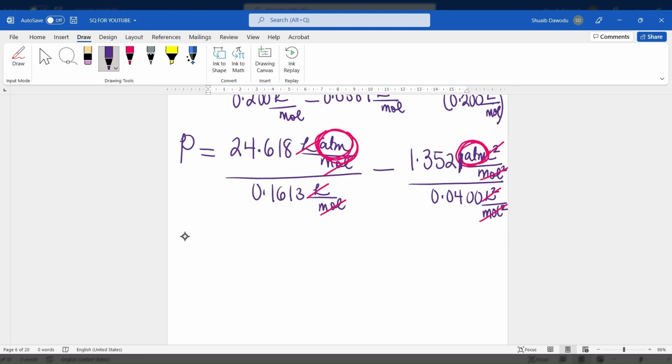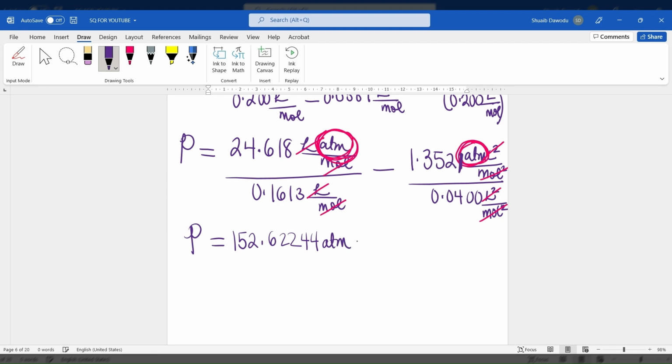So next we have pressure is equal to 24.618 divided by 0.1613, which is going to give you 152.62244. Let's not forget our atmosphere.